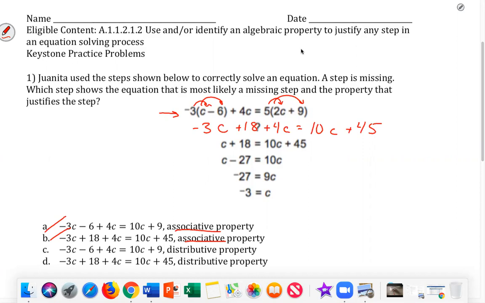Which one, Delaney, is it? Is it C or D? D, because that's the one that matches up with what I did. Nicely done, Delaney.